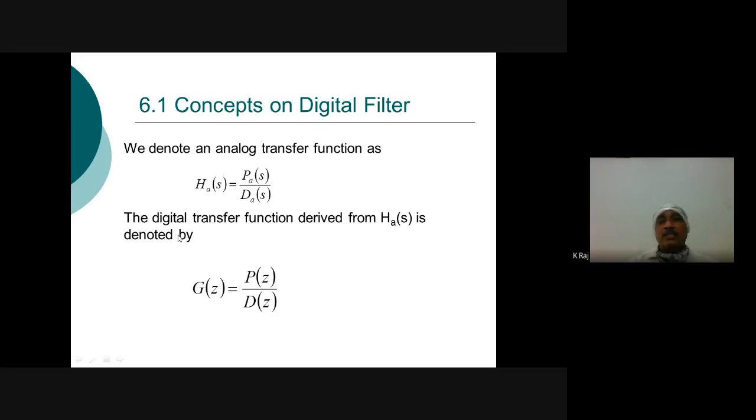If we want to describe the digital filter transfer function derived from H_a(s), it is described as G(z) equals P(z) divided by D(z). This will be a function of z in the digital domain, and in the analog domain it will be a function of s. Our approach is to derive the transfer function in the analog domain, and then transform it into the digital domain.